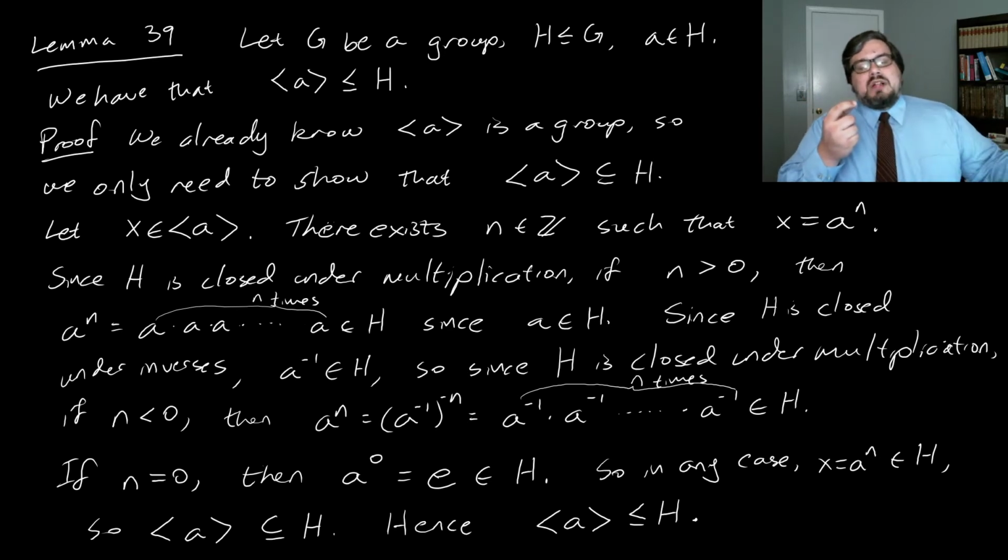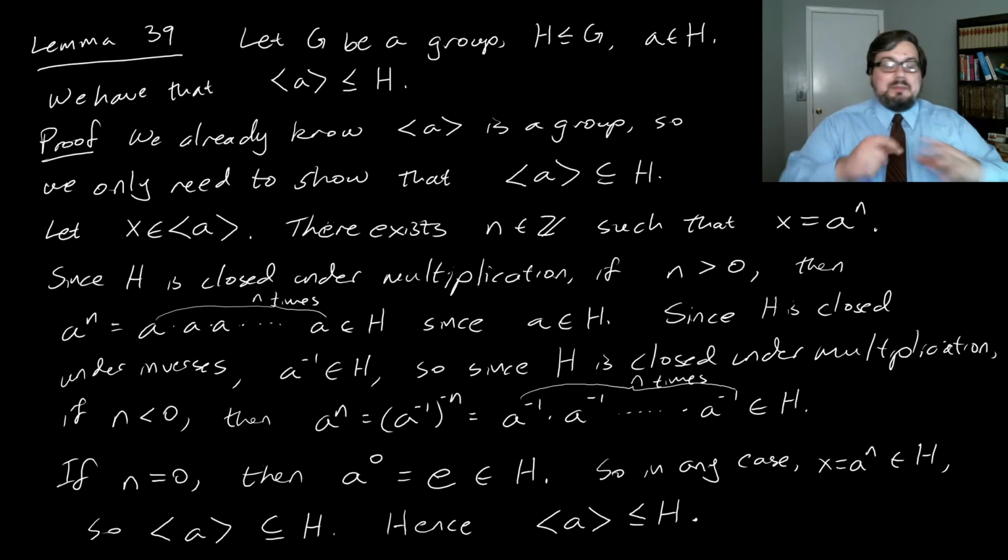Now G will have lots and lots of subgroups typically that contain A. I'll just take that whole big collection of all the subgroups of G that contain A, and I'll intersect all of them. And it turns out that the intersection of any number of subgroups is itself a subgroup.